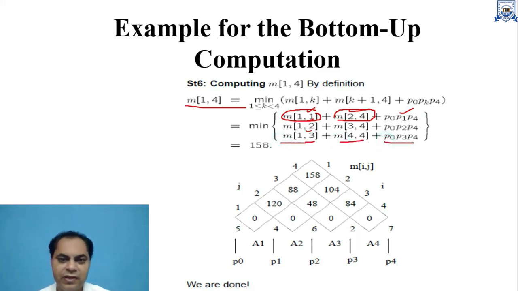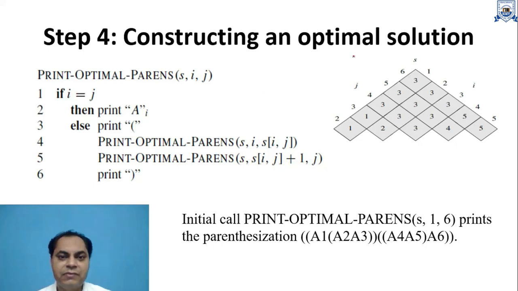Among all these possibilities, the minimum value is 158, so we store it. As we have only 4 matrices, the minimum number of multiplications required to multiply these matrices is 158. Now this is the third step. Now come to the fourth step, constructing an optimal solution.